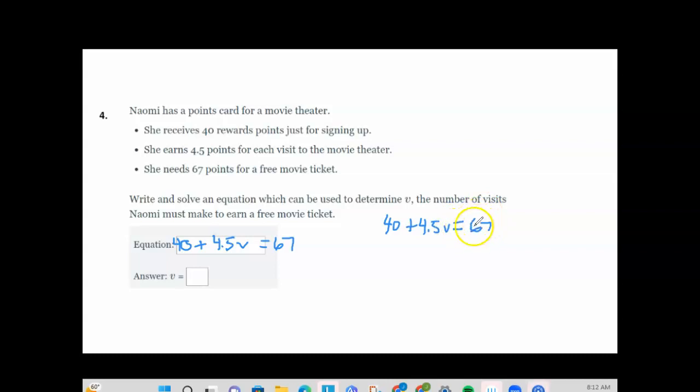Subtract 40. 4.5 V equals 27. And if we divide, again, we'll have to use a calculator. V equals 6. So I have to go to the movie 6 times.